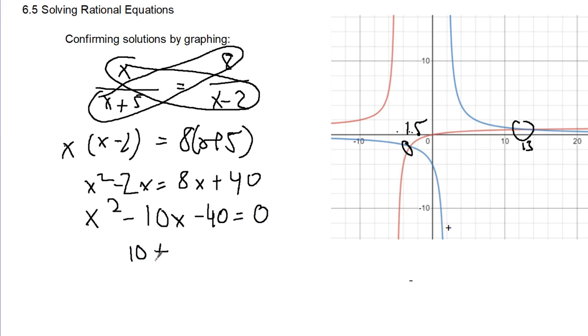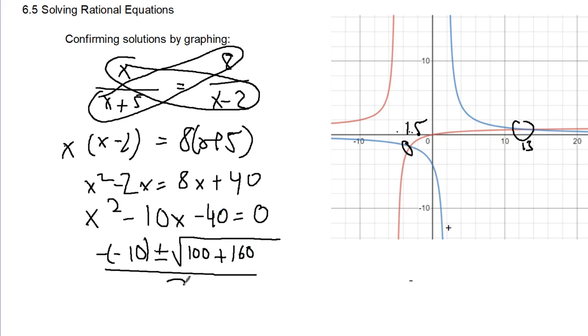Negative minus negative 10, so 10 plus or minus the square root of b squared, so 100 minus 4 times 1 times negative 40, so plus 160. Then divide that by 2a, so 2.